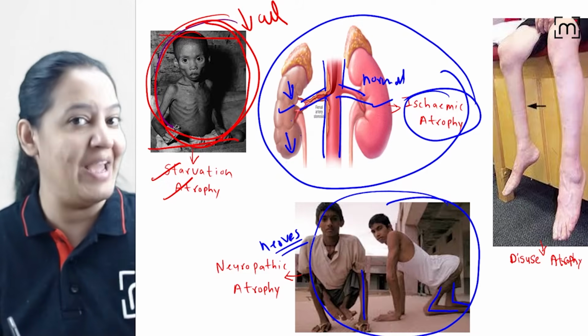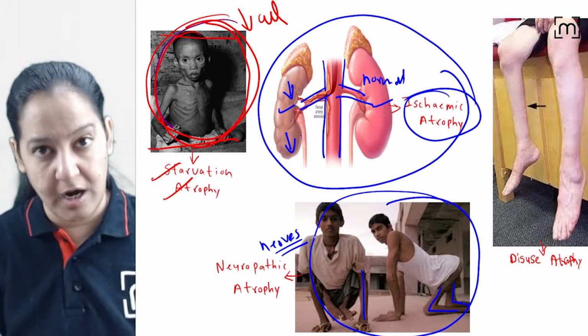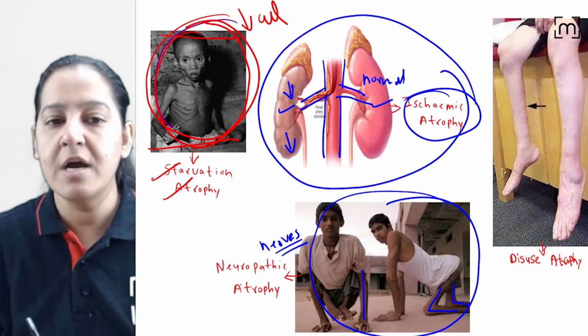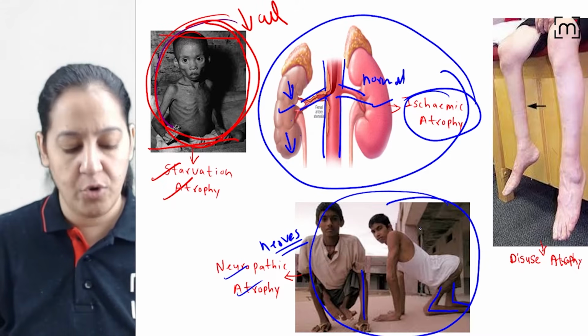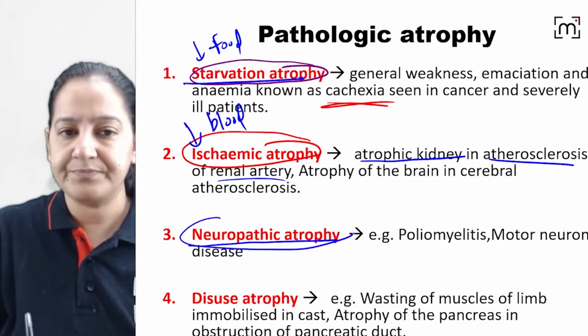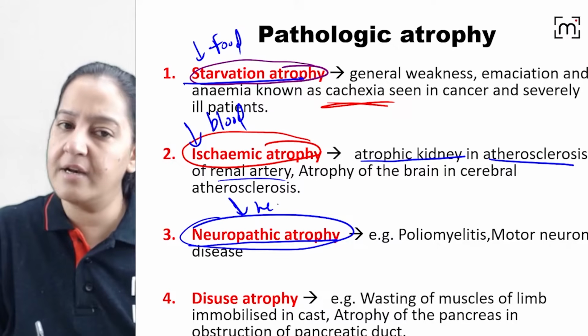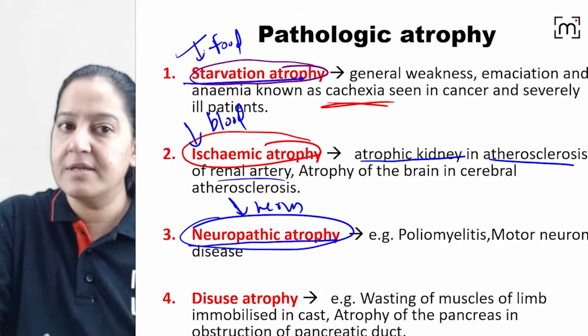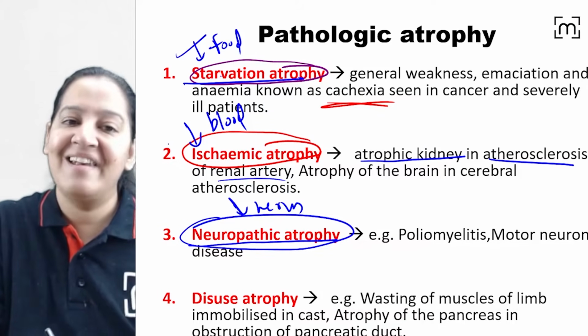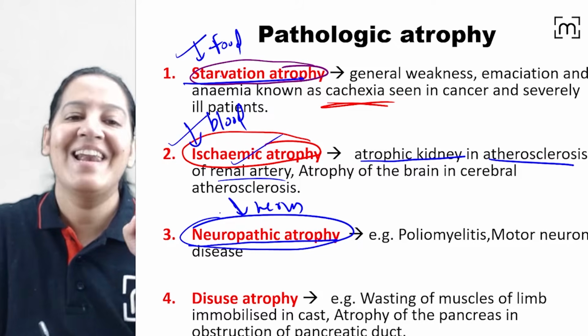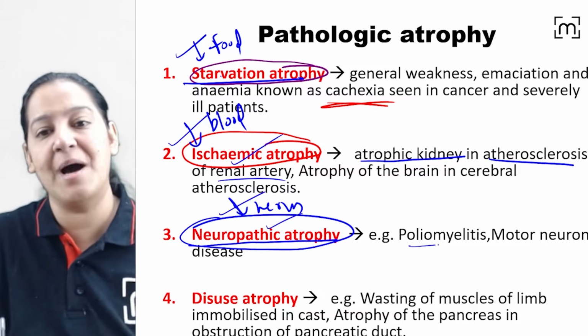So the organ gets thinned out. This is known as neuropathic atrophy. You got my point? So it is due to lack of the nerve. Here the nerves are damaged. So lack of food, starvation atrophy, cachexia. Lack of blood, ischemic atrophy. Lack of nerves, neuropathic atrophy, example polio.